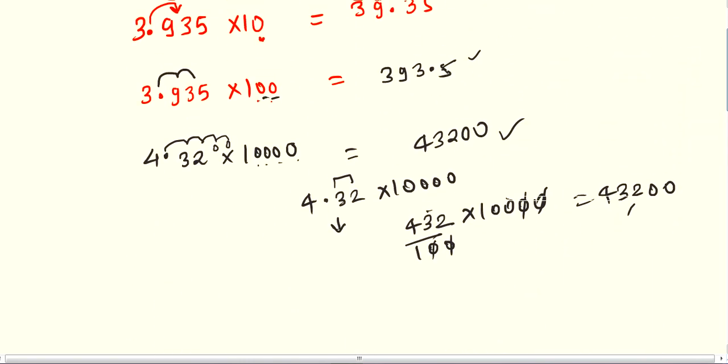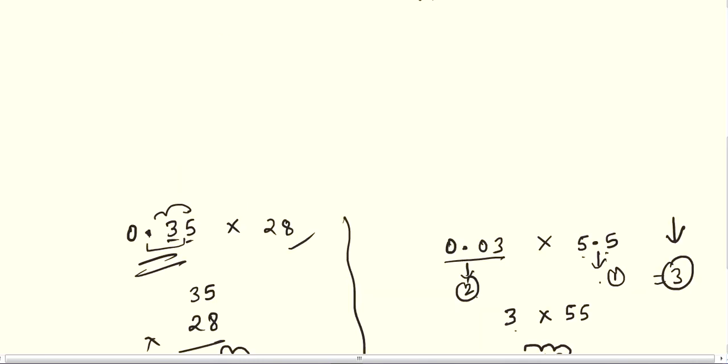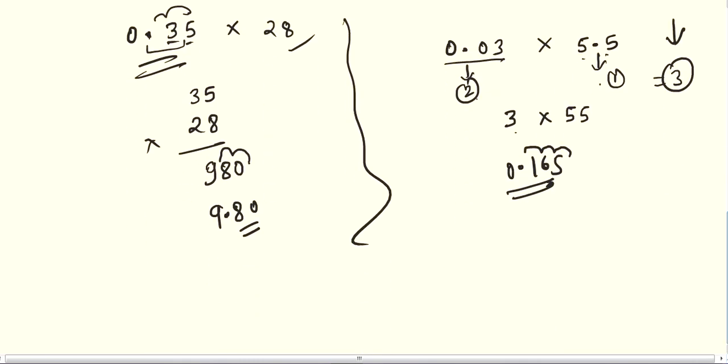If you are having a number and you are dividing that by 10, 100, 1000, 10,000, it is very easy. As I showed you, in multiplication by 10, 100 or 10,000, means multiples of 10, we are moving to the right hand side. But in division by 10, 100, 1000 or 10,000, we have to move to the left side.